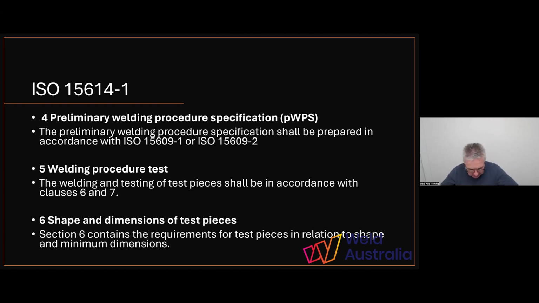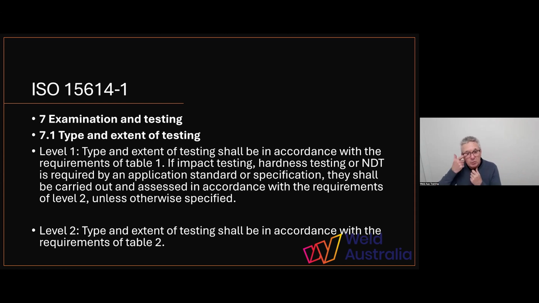When you're looking at section 7, it does move quite quickly because there's only like a sentence for a section or something like that. It doesn't take long before you're halfway through the standard. This is where our examination and testing is required. So 7.1, you'll notice that it's actually split a little bit there. So you've got level 1 and level 2 and the requirements there.